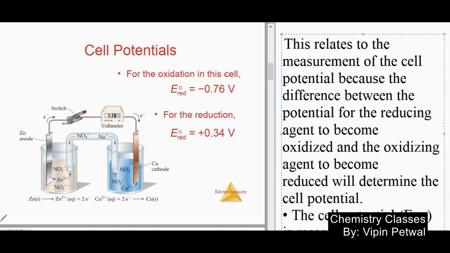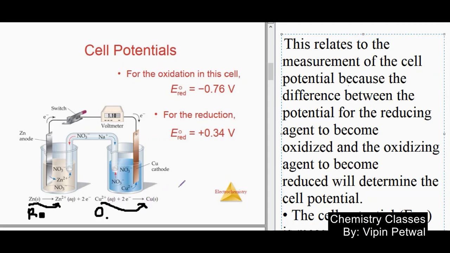So definitely we know this is the reducing agent, and this one is the oxidizing agent. The ability of the reducing agent to become oxidized, this is undergoing oxidation, and the ability of the oxidizing agent to get reduced.